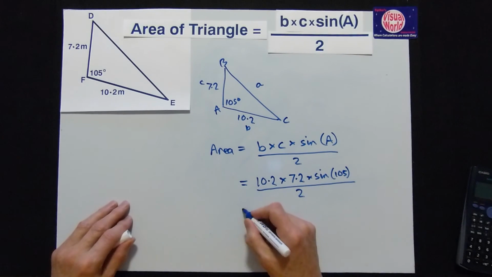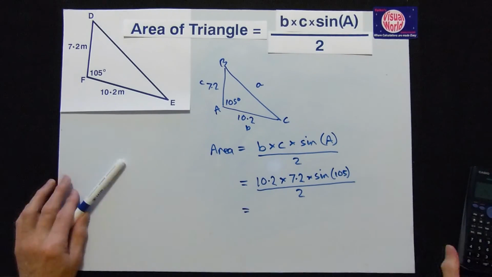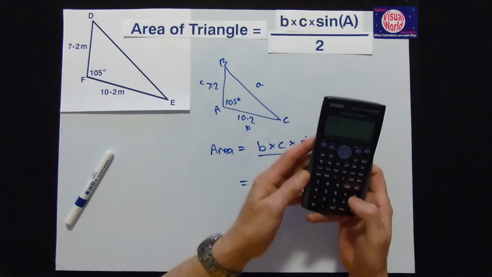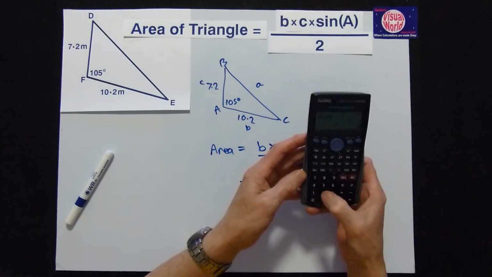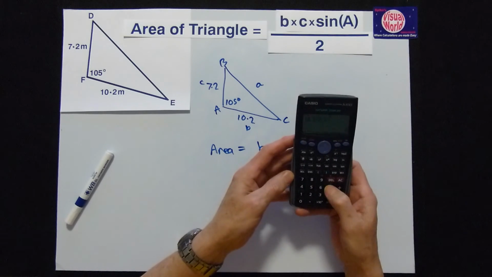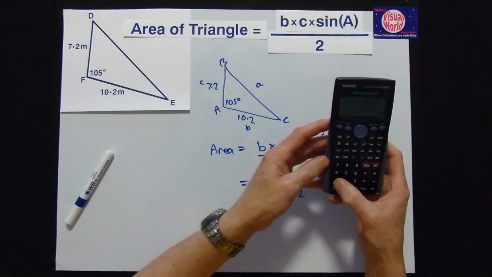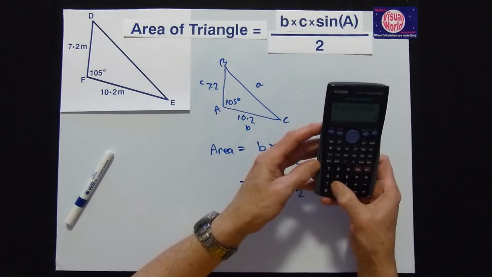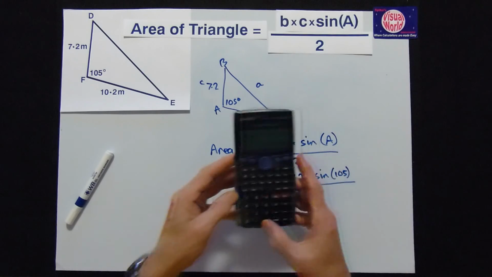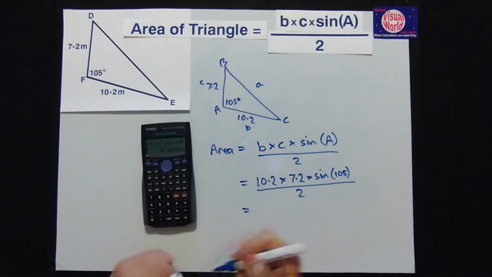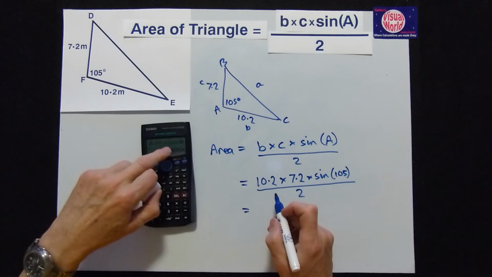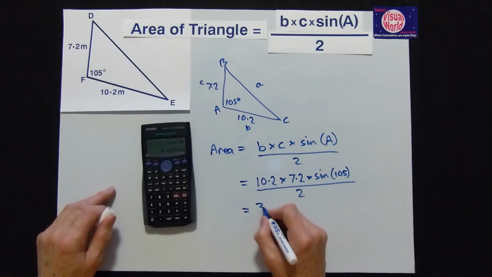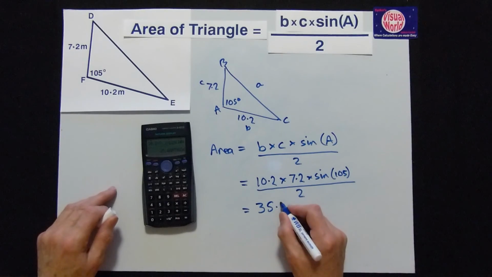So all you do now is pick up the calculator. So we put in our numbers, 10.2 times 7.2 times sine, and it's 105. Remember to close your brackets, divided by 2 equals, now our number there, we've got 35.46, so the 6 will round up if we want it to one decimal place, so we get 35.5.